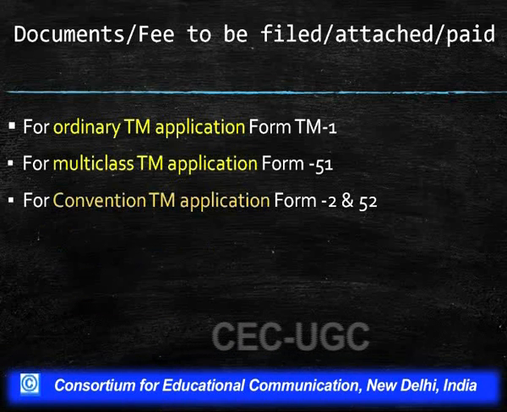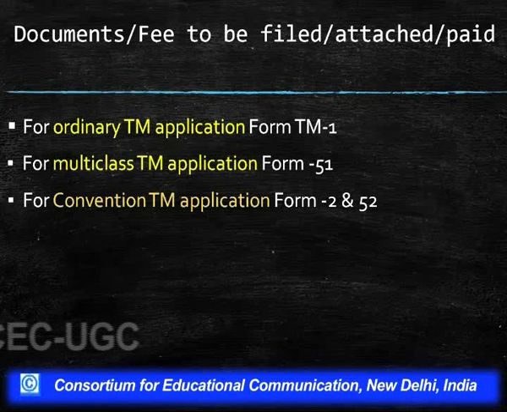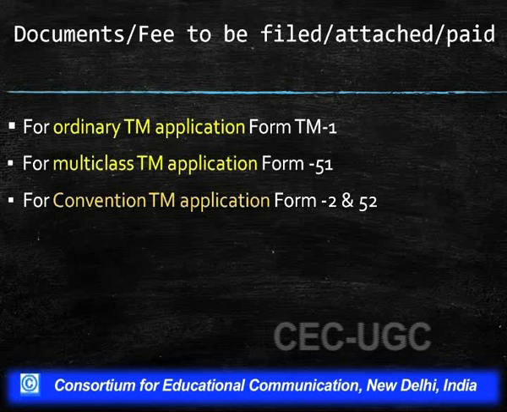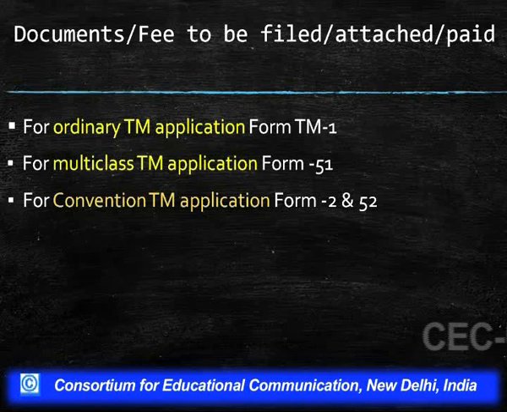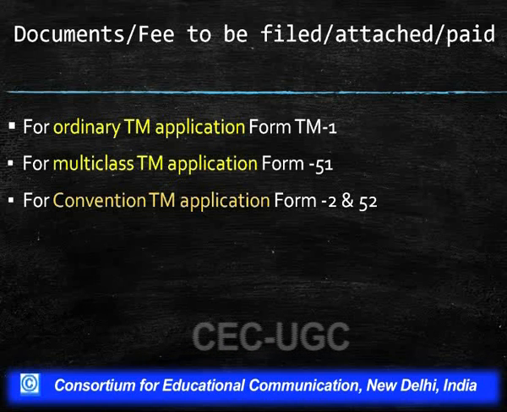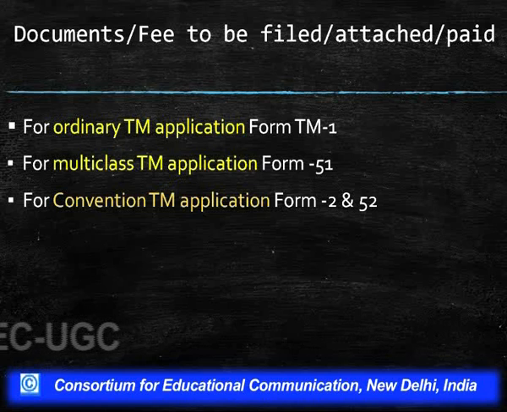For a convention trademark application, form 2 and form 52 are to be attached as documents, making the application exhaustive and appropriate. What does a convention trademark application mean? It means the application where a national of another nation is coming to our country for getting trademark registration.